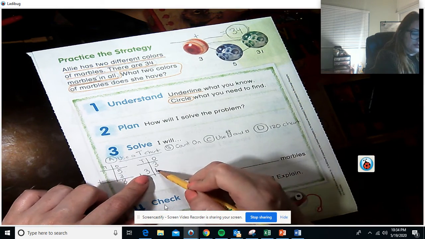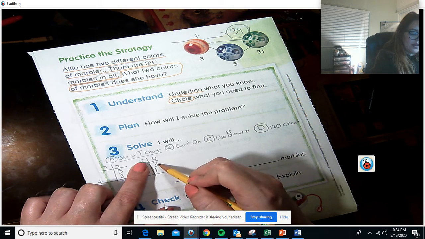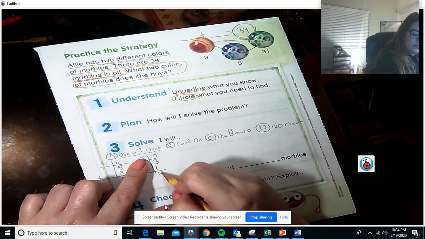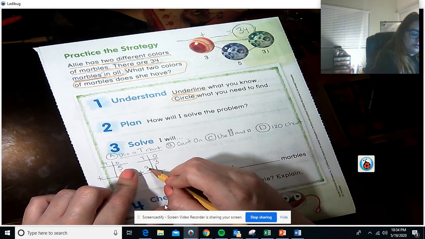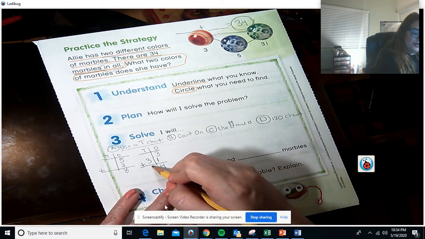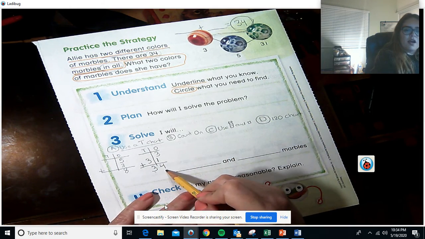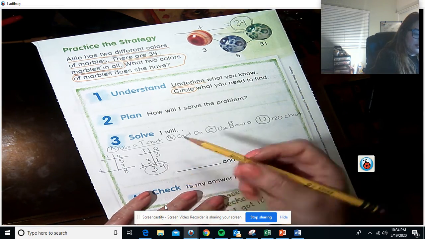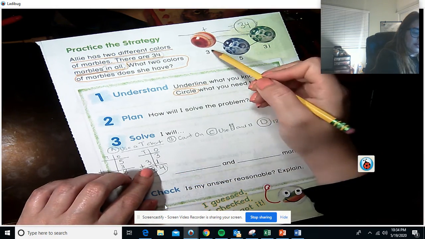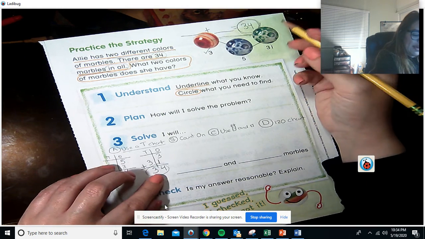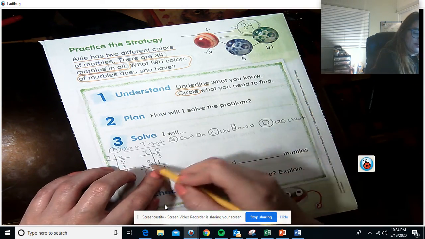So 3 plus 1, always start with your ones. 3 plus 1 is 4. 0 plus 3 is 3. 34. We found it. 34. And we used the numbers 3. So I'm going to put a little check mark by it. And 31.